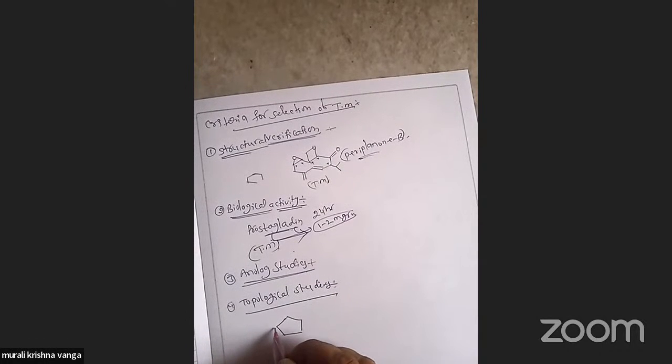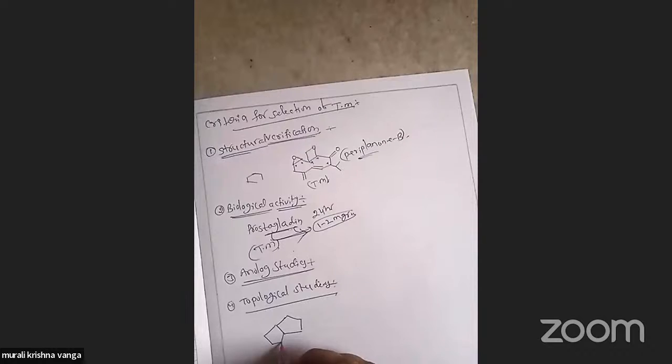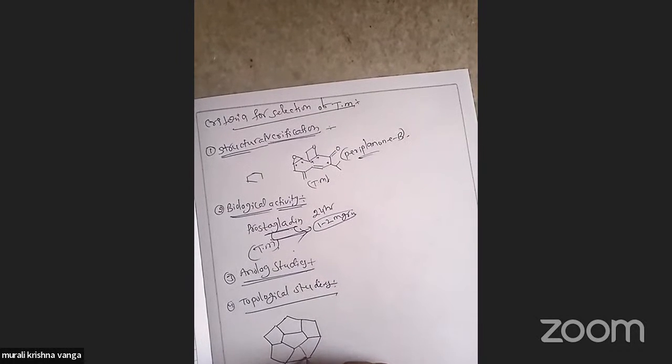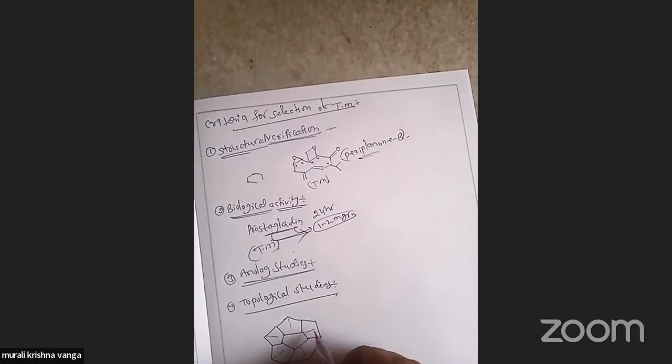This is a molecule. This is a very crucial structure. The name of this compound is dodecahedron.